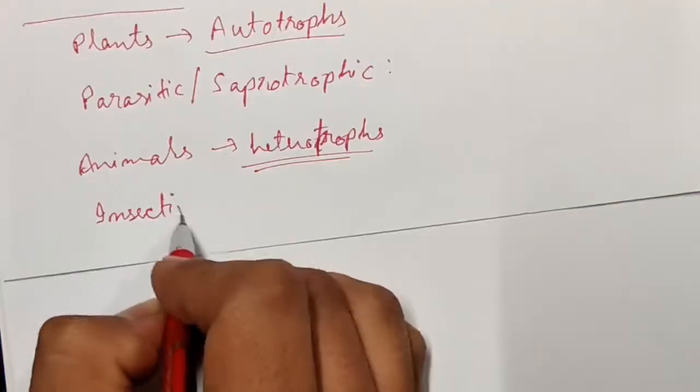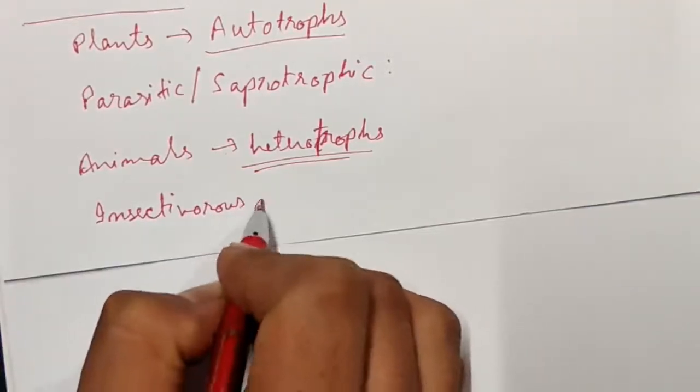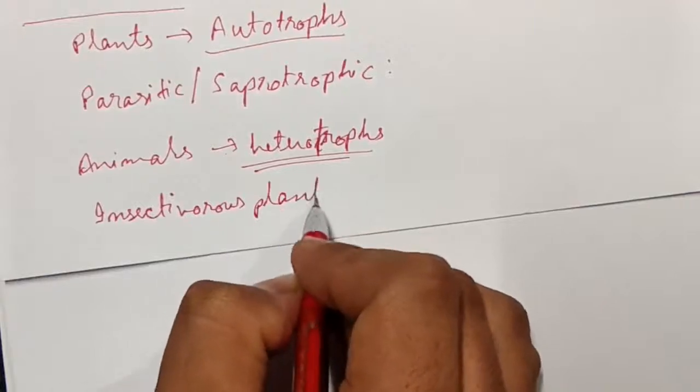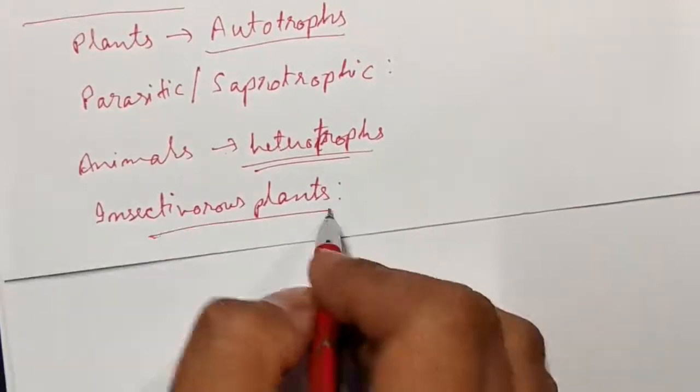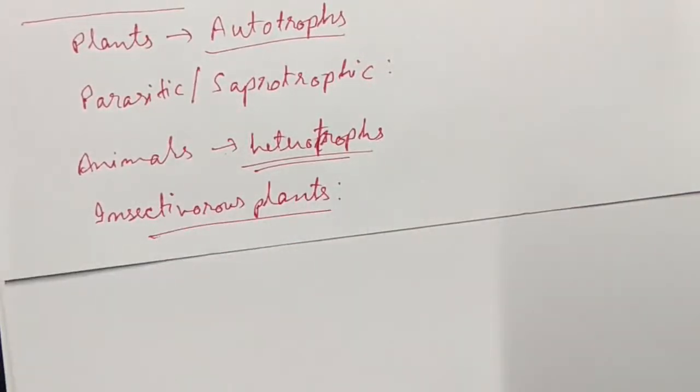And there is a plant called an insectivorous plant. Since these plants eat insects, we can say insectivorous plants are partial heterotrophs, since they can produce their own food through photosynthesis as well as by eating insects.